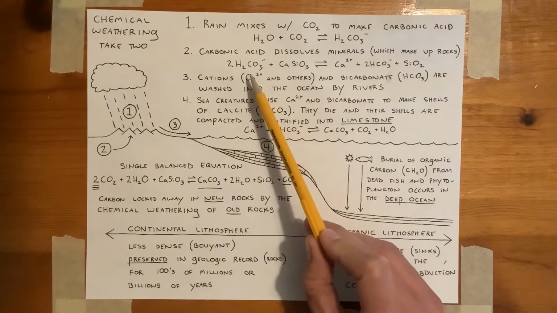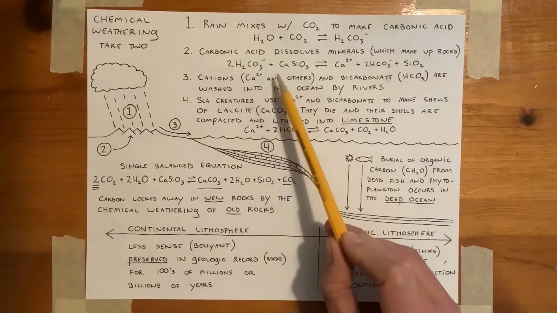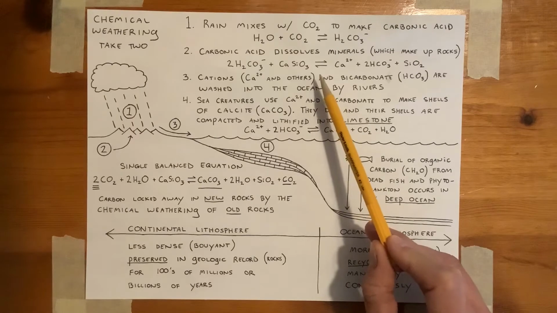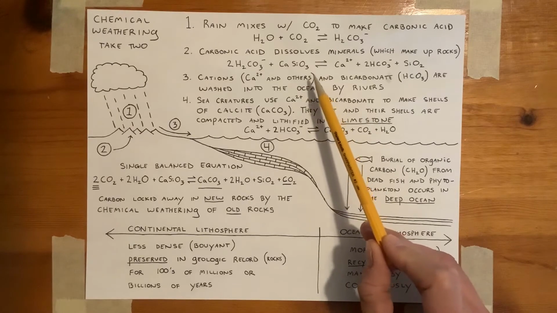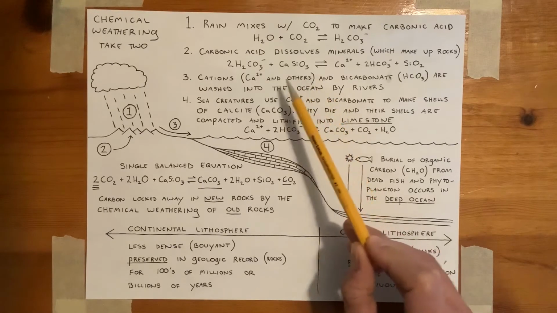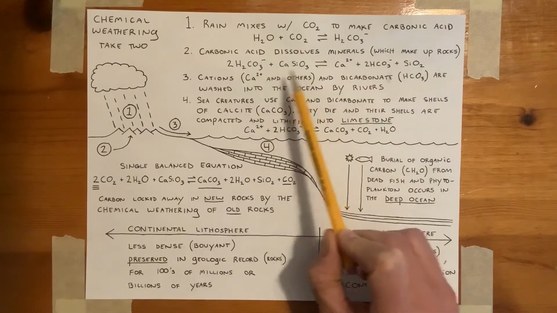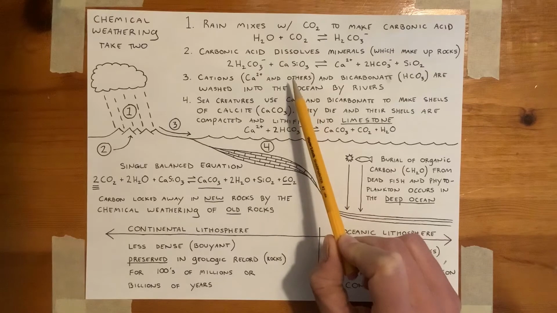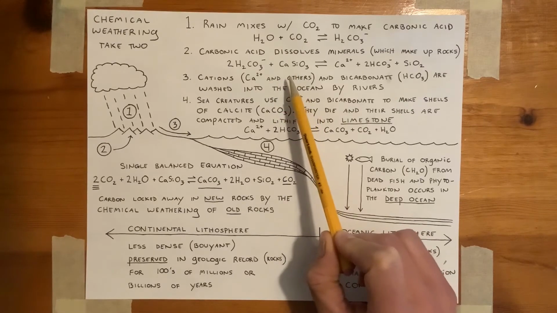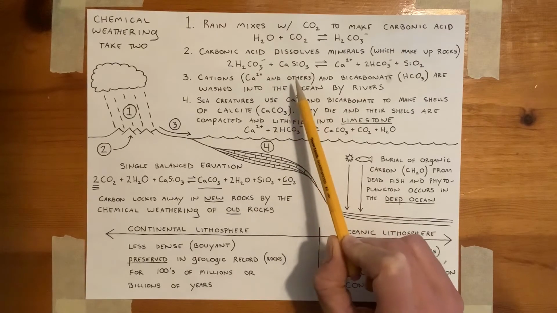So all the different minerals that we've learned about can be dissolved by chemical weathering. We're only talking about one specific example here. In the previous version, I included just minerals, trying to make the point that each different mineral would have its own reaction. We're doing just one example.